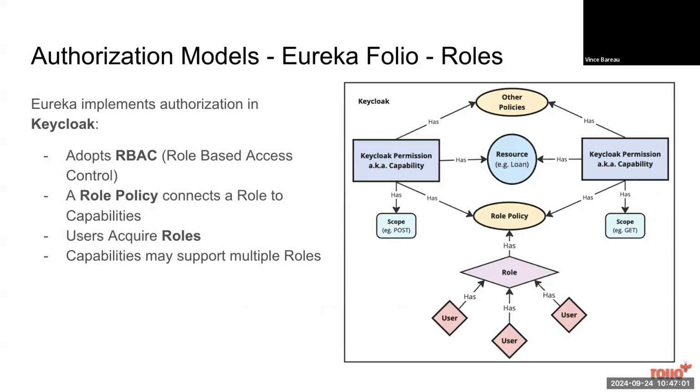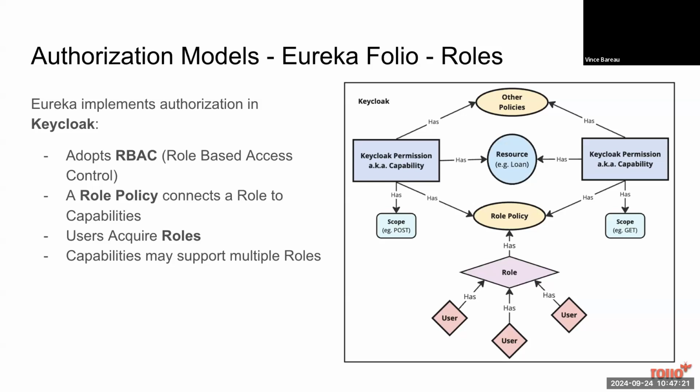Well, this is where roles come in. The Keycloak model and the Eureka model supports the concept of a role. And a role is essentially a way to gather together and join a user and a particular activity that they want to do, and capability that they want to achieve in the Folio system.